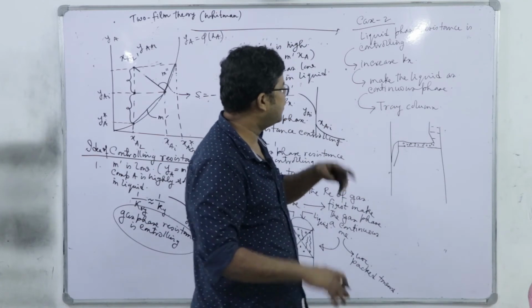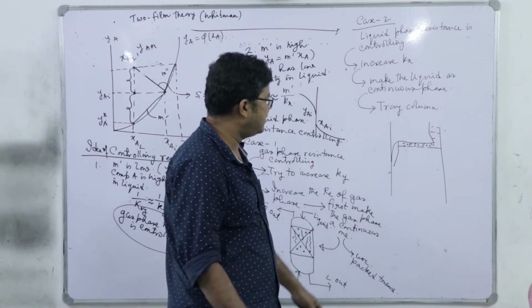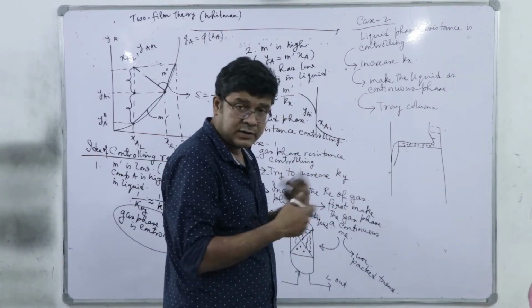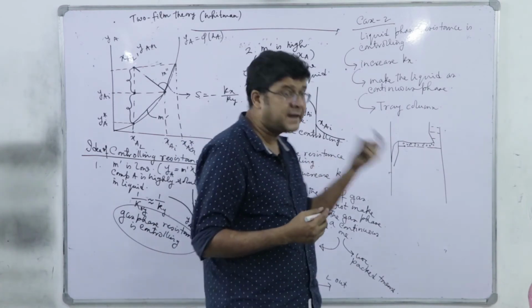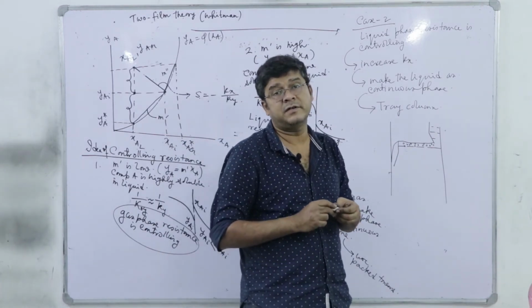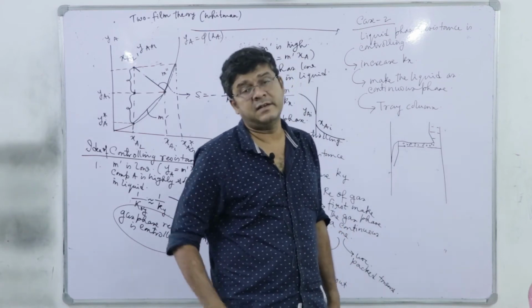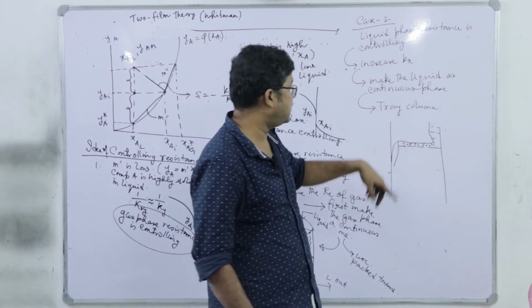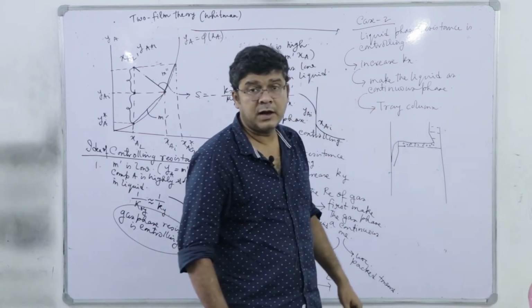So if I have to increase the turbulence internal to a specific phase, just like inside the bubble, it's pretty difficult to increase the turbulence, but we can increase it in the liquid phase, right? Because it is continuous. So you have to go for a tray column.